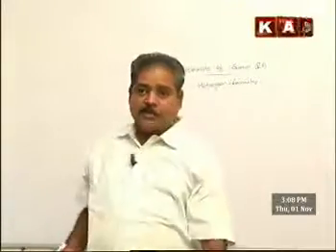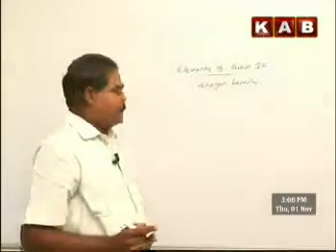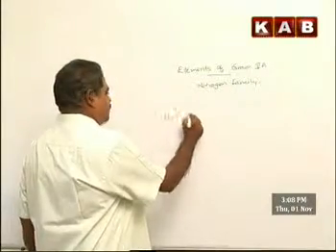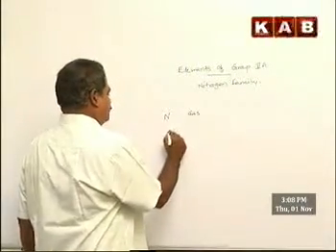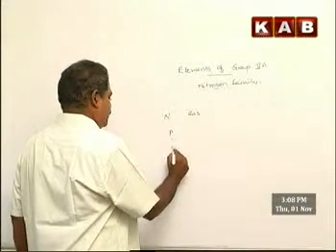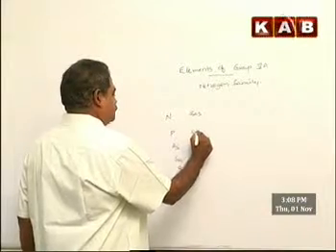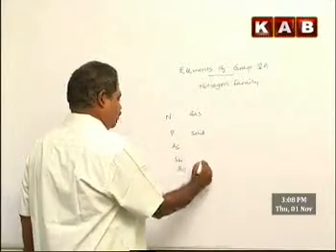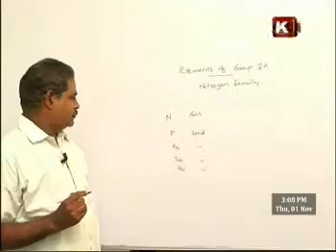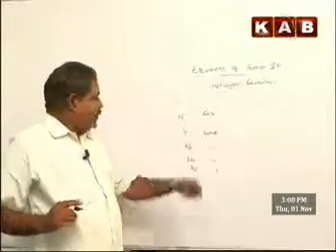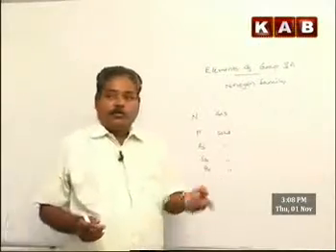What are the physical states of these elements? Nitrogen is a gas. Phosphorus, arsenic, antimony, bismuth, they are all solids. Phosphorus is a solid and so are the rest. And of course we have learnt about group 5A.